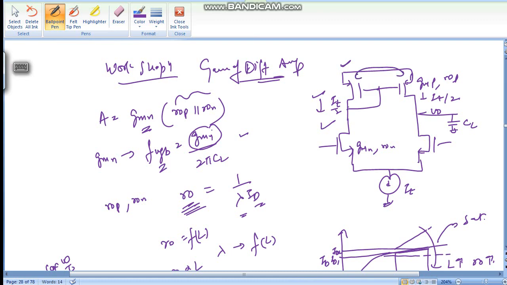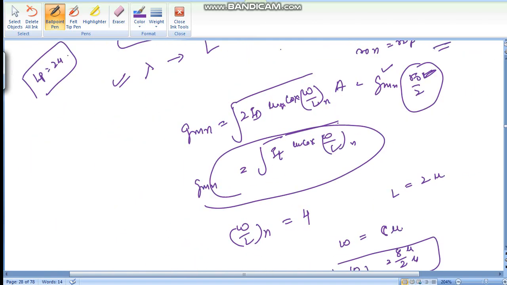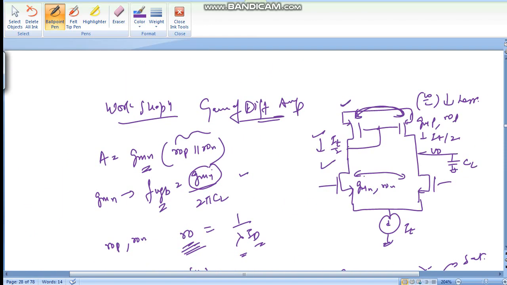So W by LP should be less, so that we have less mismatch in this current mirror, and this W by L should be large. Minimum we have decided 8 by 2, and for mismatch purposes this W by L should be large, so we can take it more than 8 by 2 micro, so that we have less mismatch between these two devices.